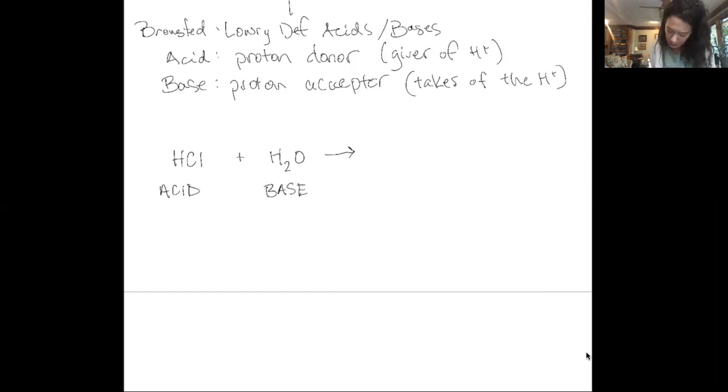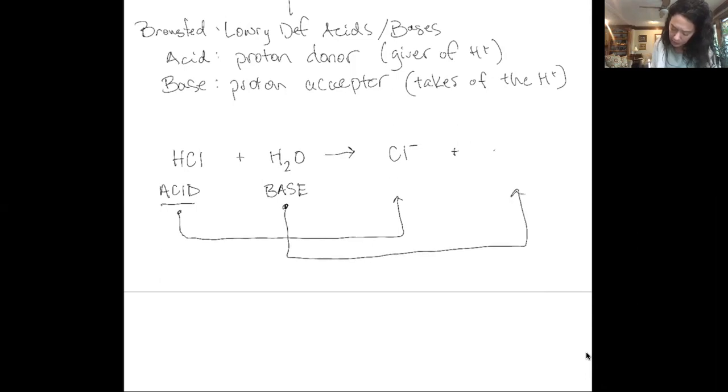Bases take. So HCl will lose its hydrogen and turn into chloride, and water will gain the hydrogen because it's playing the role of the base and turn into the hydronium ion.